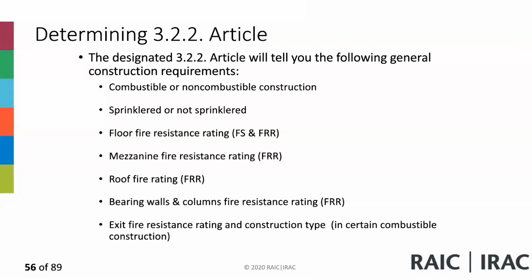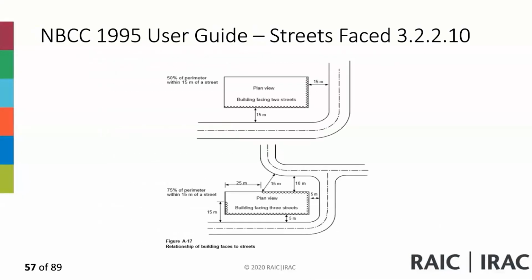And for certain combustible types of construction, they give you provisions for types of materials to use for the exit shafts. So watch out for those types of construction for combustible construction.